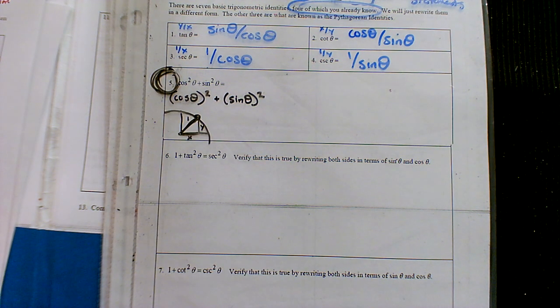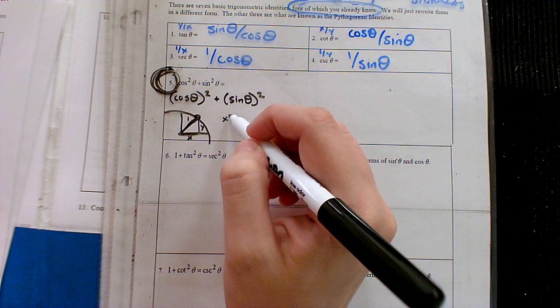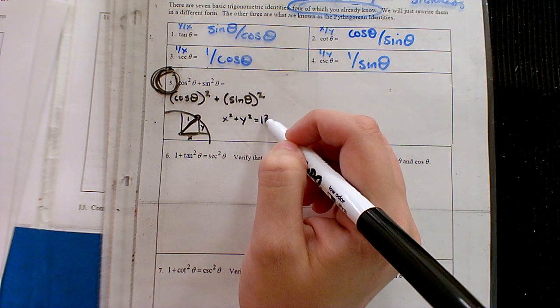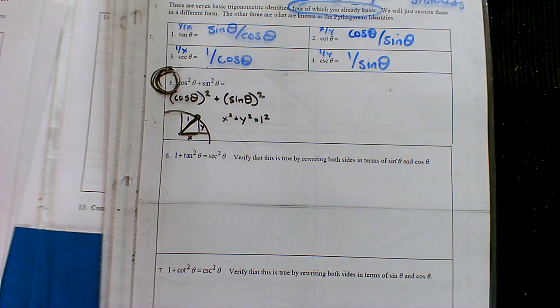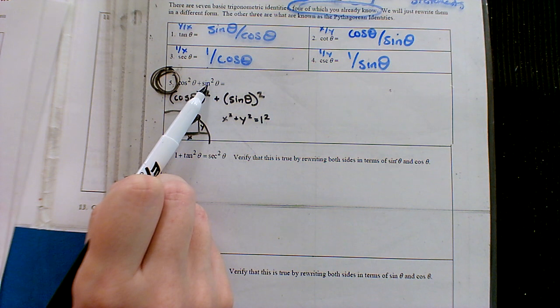Is there an equation you can use to represent all of those sides in that triangle? Good, Rebecca? All right, the Pythagorean theorem, right? So that would look like x squared plus y squared equals 1 squared. But we know cosine is basically the same as x on the unit circle, and sine is the same thing as y on the unit circle.